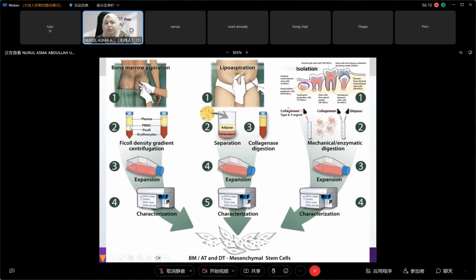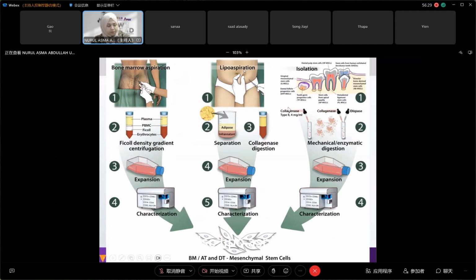And you can isolate the PBMC, so your cells will be isolated at the PBMC phase. And you can do the expansion and of course characterization to have a look at the surface markers.